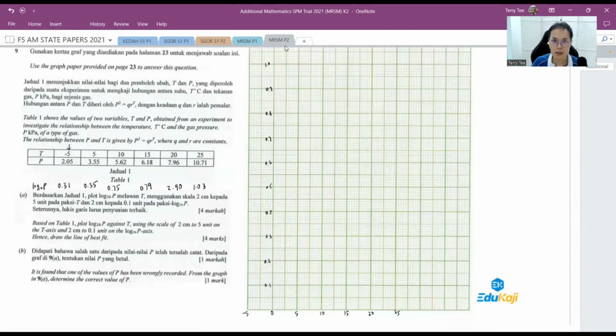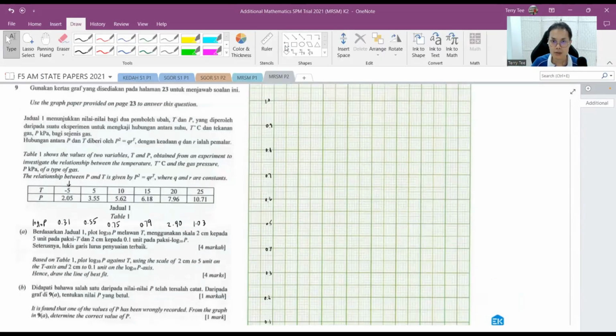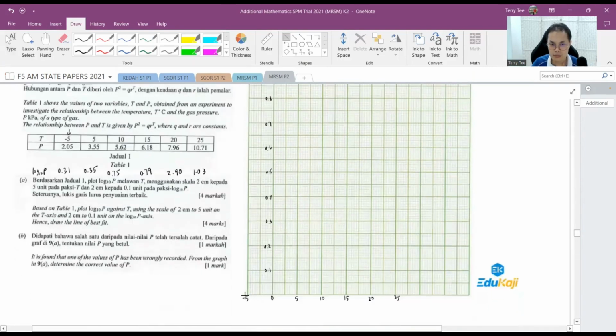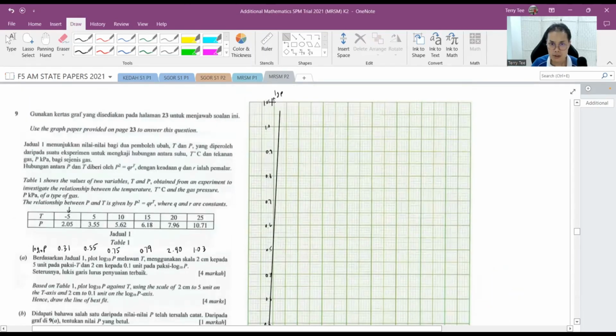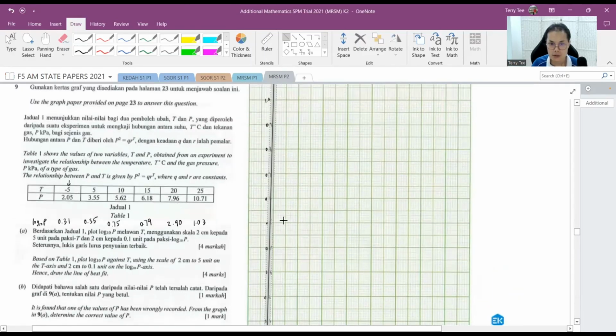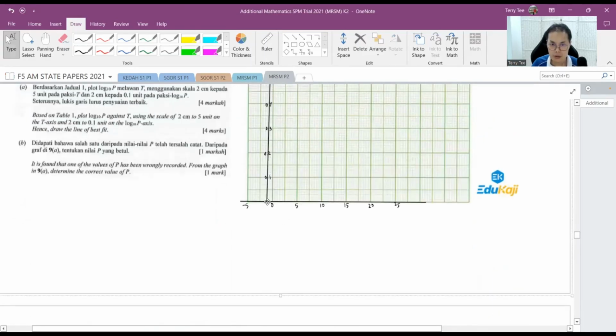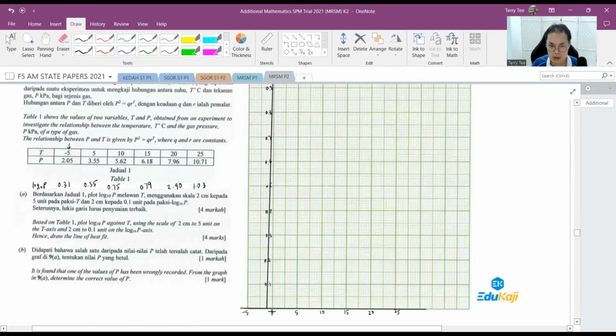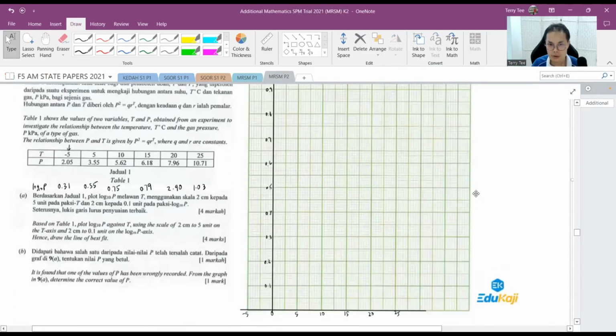Let me just add in the line. Okay, so the first line is, let's draw a horizontal line from here to here, right? And draw a vertical line from here all the way up. I need to adjust this. This is your horizontal and vertical. Just adjust like this. Okay. All right. So there you go.